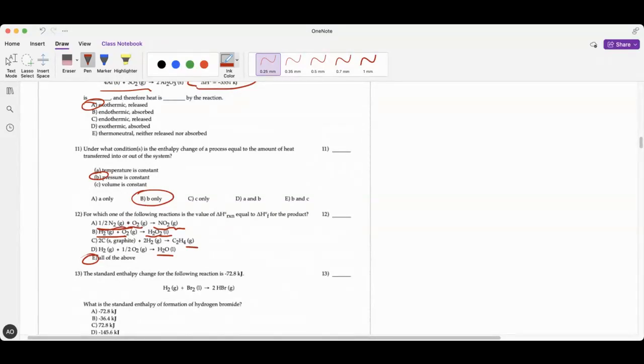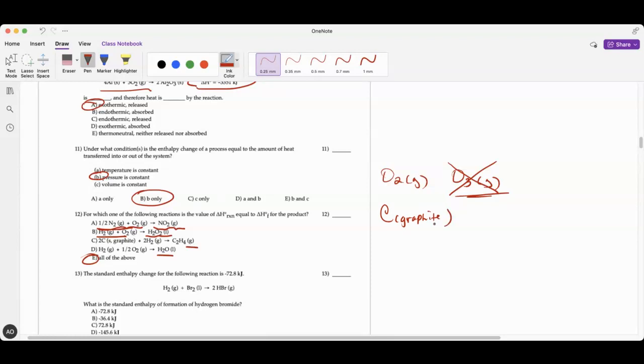The reactants have to be the elements in their standard form. So all of these elements are in their standard form. For example, the standard form of oxygen is oxygen gas. Ozone, which is also a gas, is not the standard form of oxygen. Same with carbon. The standard form of carbon is graphite.